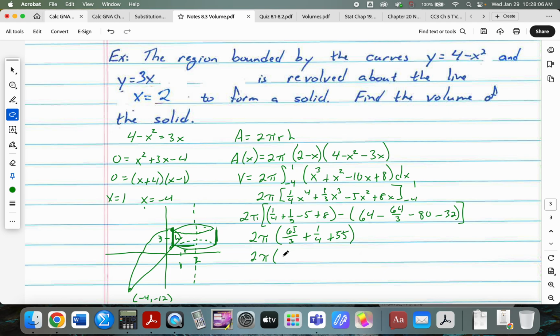So that's going to be 21 and 2/3 plus 1/4 plus 55. So that's 2 pi times 76. 2/3 plus 1/4 is 11/12.